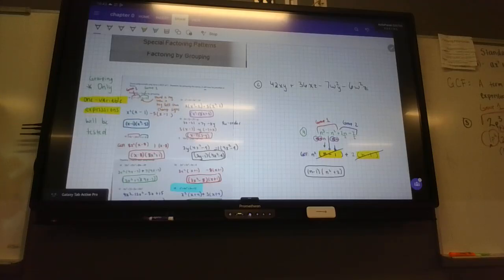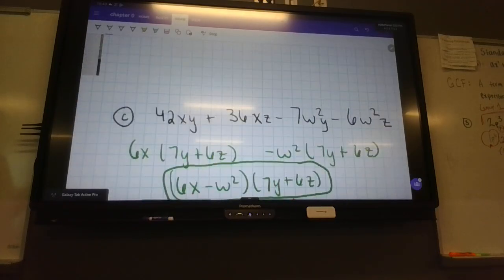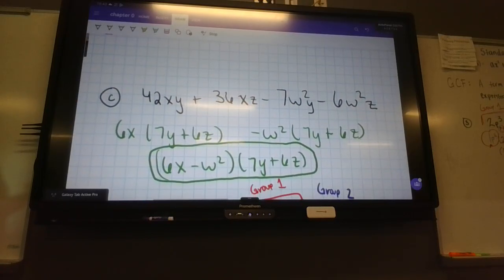Okay, let's see what we got here. If you tried C, which was a super challenge, here's an answer. It can go in any order. Don't feel like you had to do C, but if you did it, there it is.